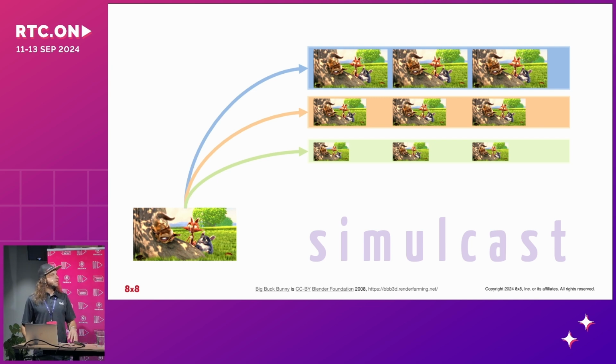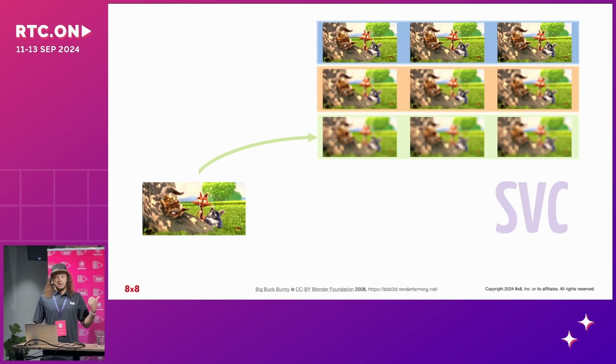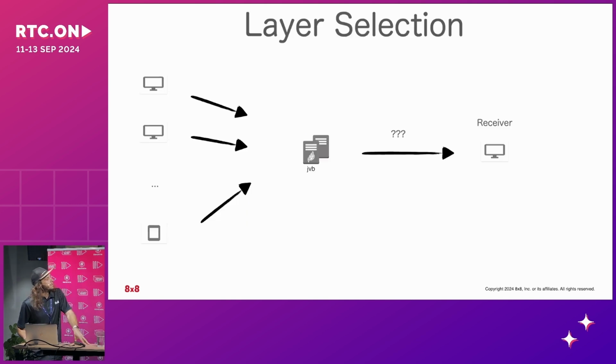So when the SFU receives one of these scalable streams, it can select any of a number of layers to forward to any particular receiver. And this is where layer selection comes in. By layer selection, I mean that given a particular receiver, we have to select from each of the available sources 0 or more layers to forward.